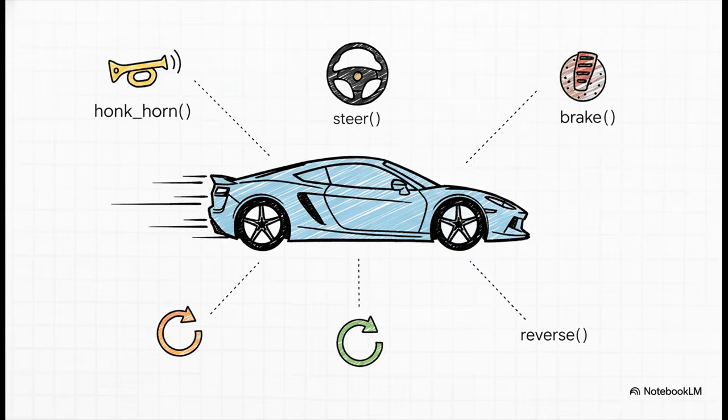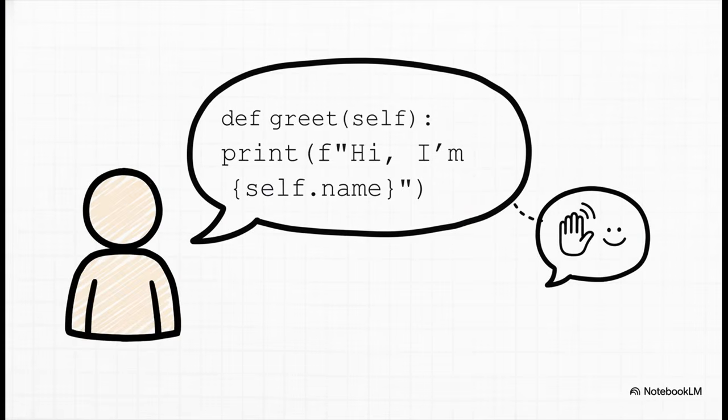Think accelerate, brake, or honk_horn. These are the car's built-in capabilities, right there in the design. And for our person object, it might have a method called greet. So when we tell our object p to greet, it uses its own specific name, 𝙒𝘀𝘽, to introduce itself. You see? It's an action that's tied directly to that specific object's data.